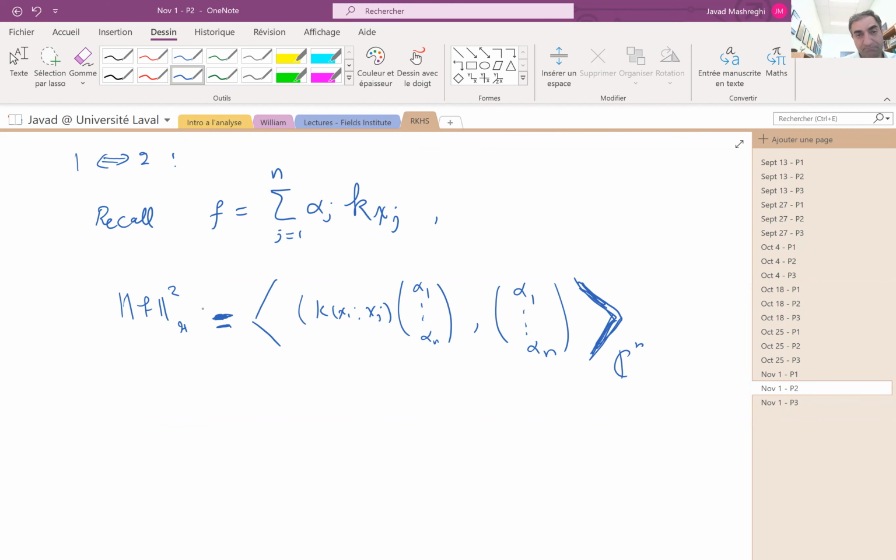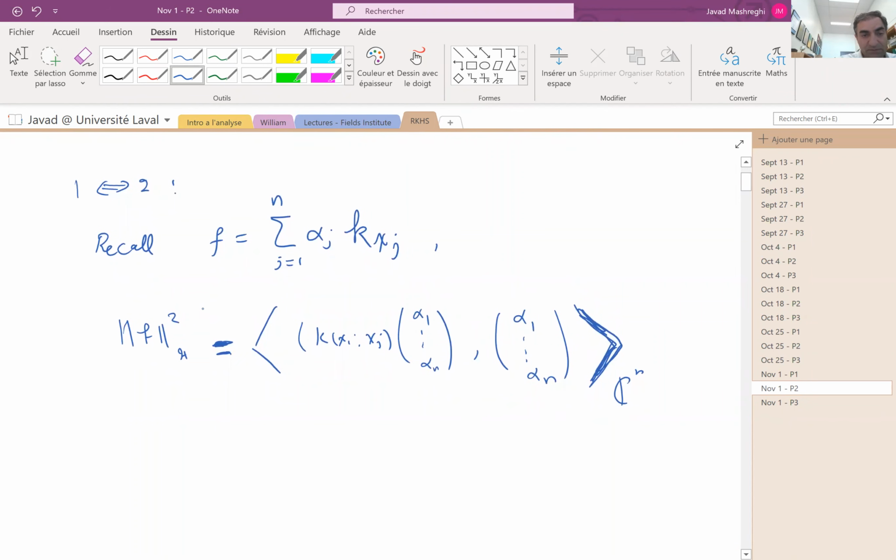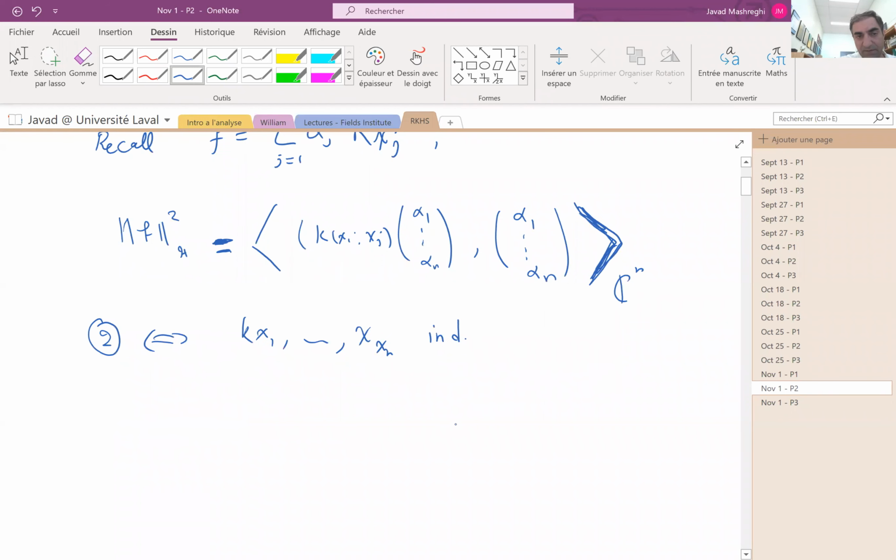Because 2 means that kx1 up to kxn are independent, and this means that f is not equal to 0 if the vector alpha is not 0.